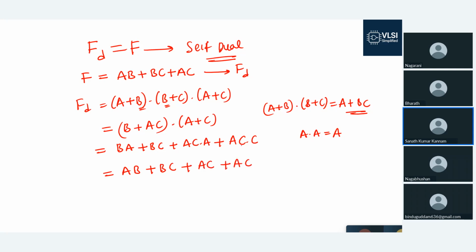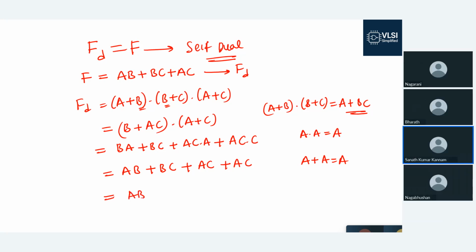From the OR law, you know that A or A equals A. So here you can write this as AB or BC or AC. So you got the same function, which is nothing but self-dual.